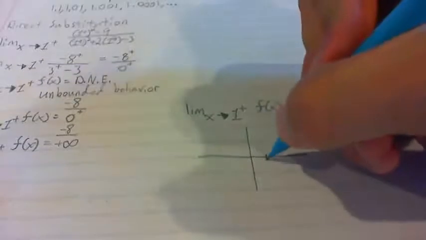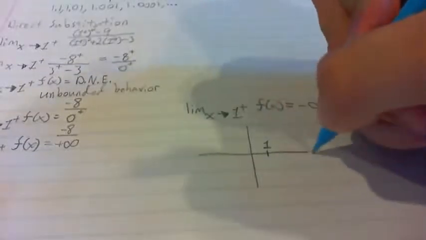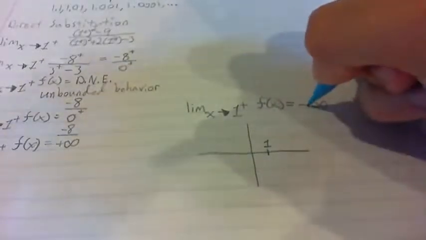And if we were to look at a graph of this, we would actually get something that looked vaguely like this right here. Approaching 1 from the right. This is our 1. This is the right side of it. It approaches negative infinity in our y values.